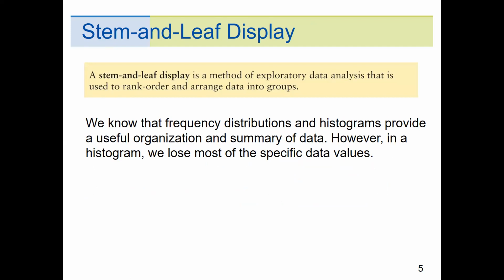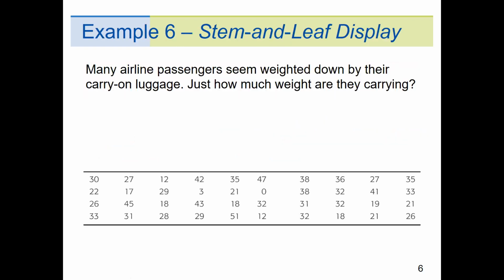But the drawback of a histogram is we lose the specific values. In a histogram, we just know how many numbers were between 1 and 9. We can tell how many numbers there were, but we don't know the specifics. Were all those numbers primes? Was one of them a 2, one of them a 3? So that's a drawback of a histogram: we lose the specifics of the data values.